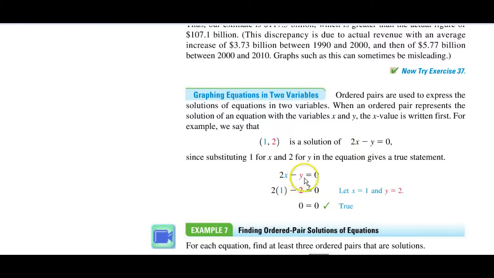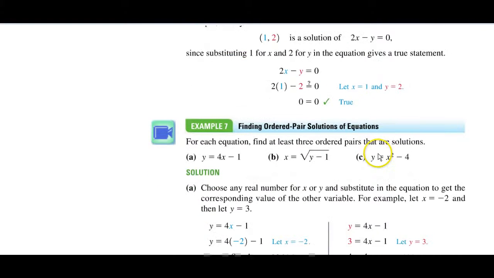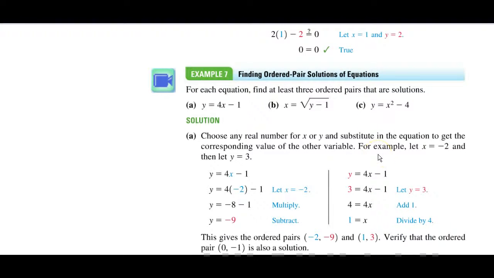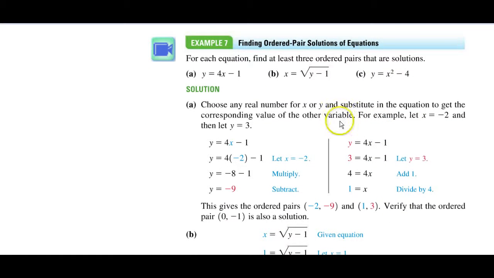You substitute, and notice this side becomes a 0, and it does equal 0. So this is an ordered pair that's a solution of this equation. And now they're going to ask you, for each equation, find at least 3 ordered pairs that are solutions.